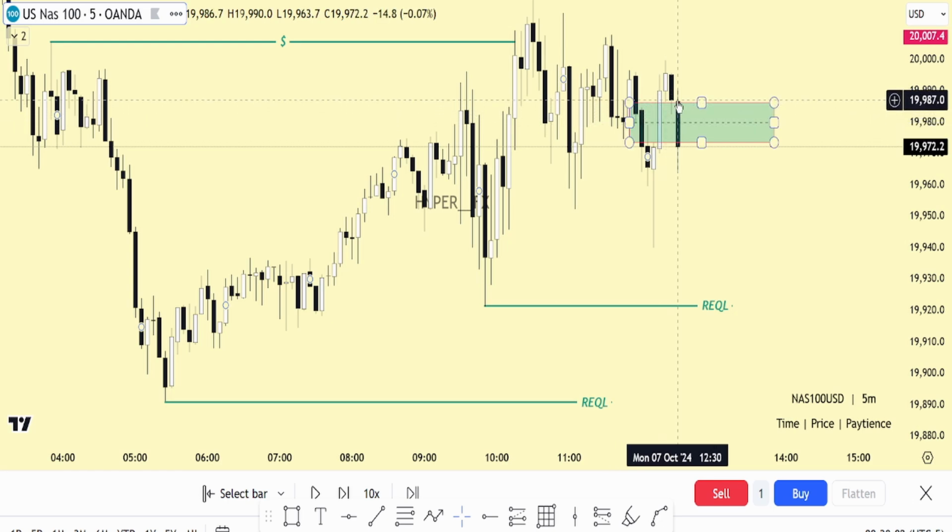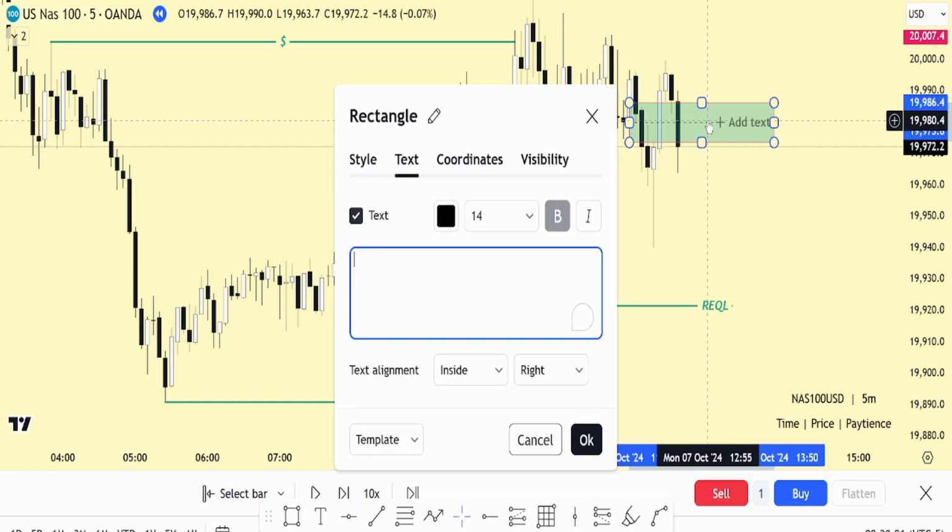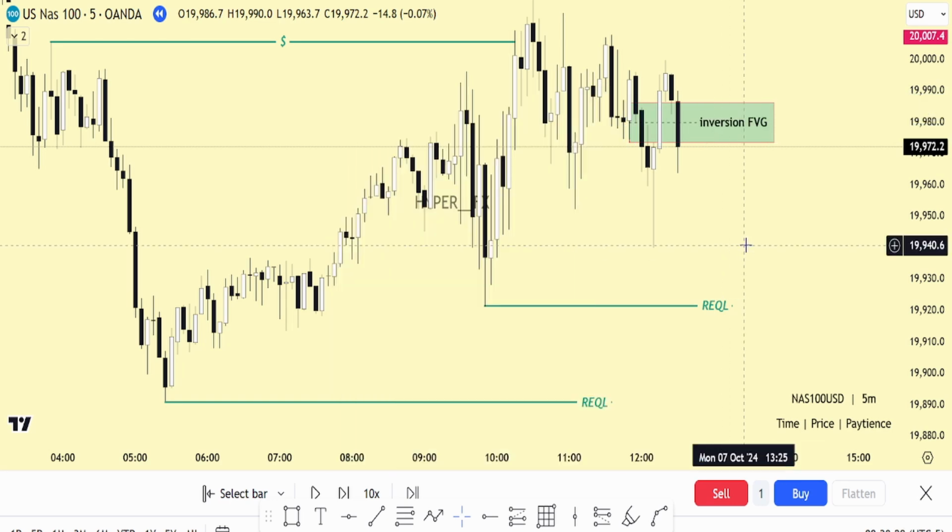So immediately there is a sell candle that balances price here. We expect price to continue to go higher, and any close that is below this fair value gap invalidates the fair value gap and gives us what we call an inversion fair value gap.